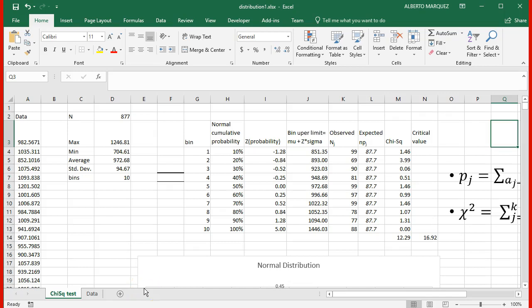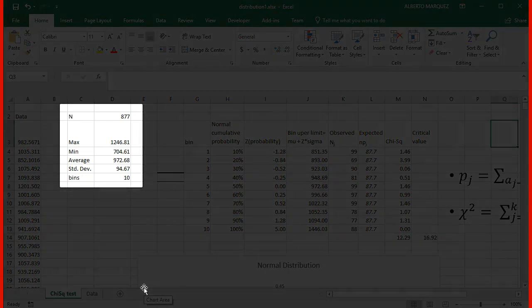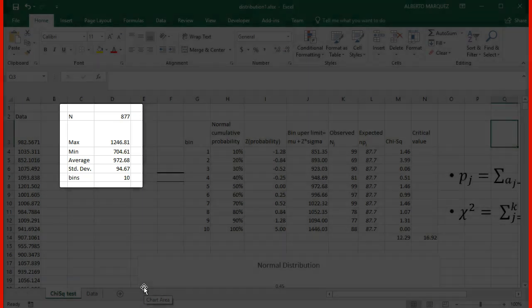Let's consider the following example. We have here a data stream of 877 points, and we can estimate some of the parameters that describe this data, including the number of points, the maximum value among those points, the minimum value, the average, the standard deviation, and we will consider 10 bins.